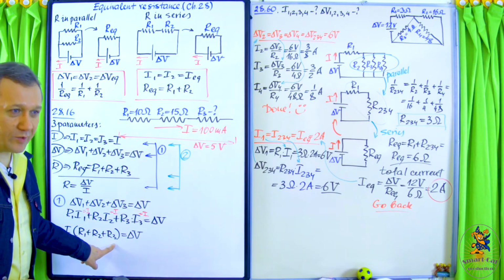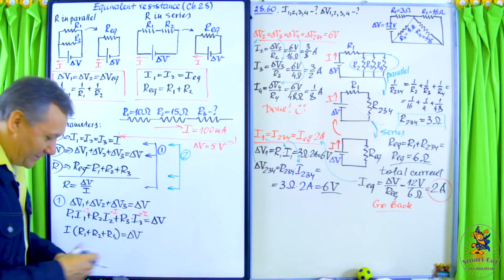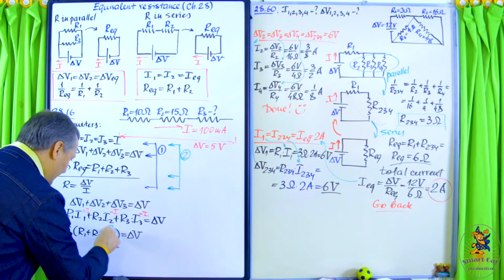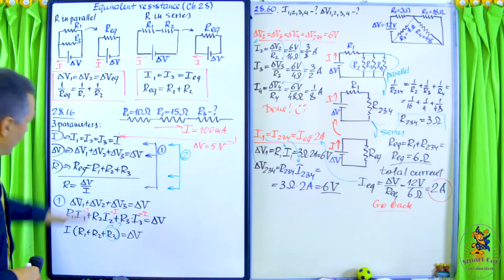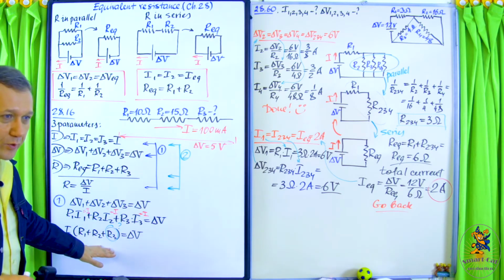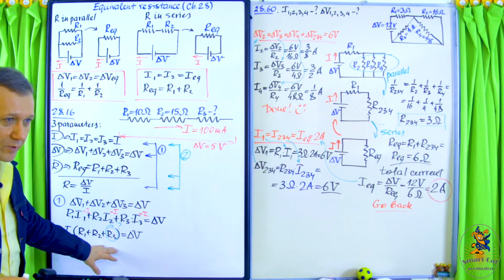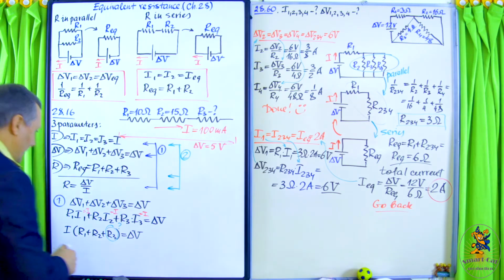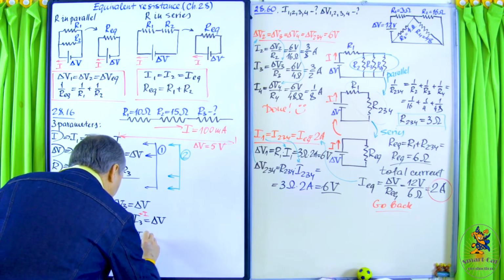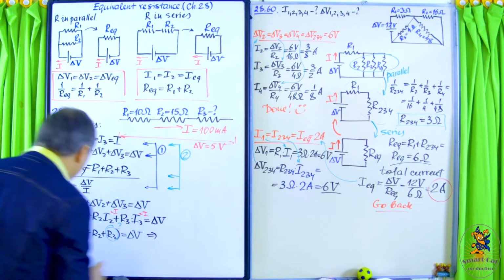Only one unknown in this equation, R3. The rest is given, right? So we've applied all physics at this point. Now we just need to solve this equation for R3. That's it, right?